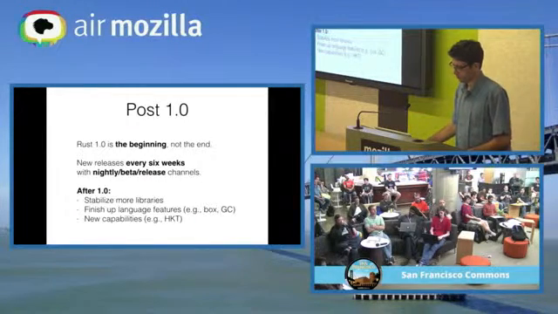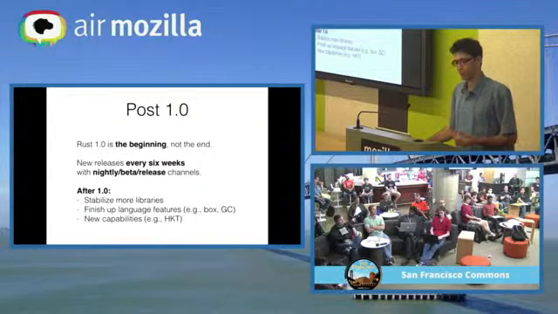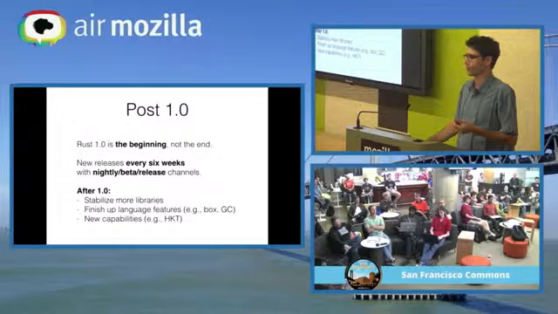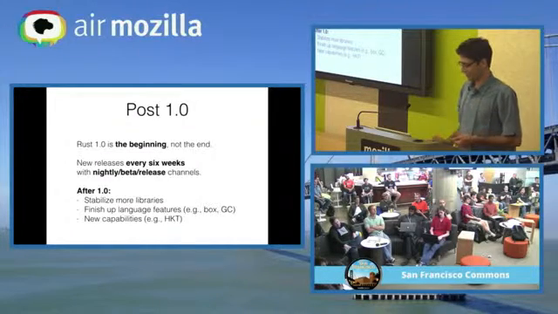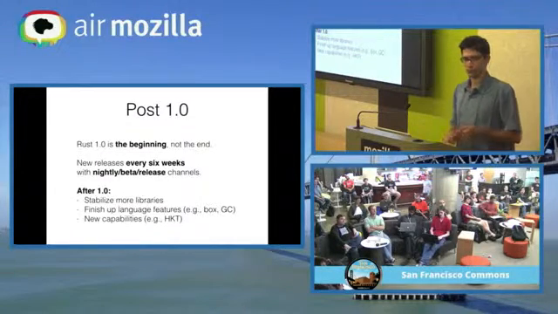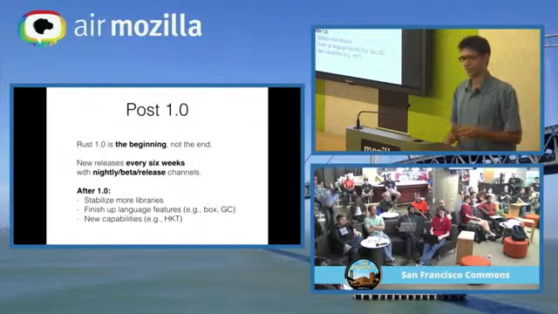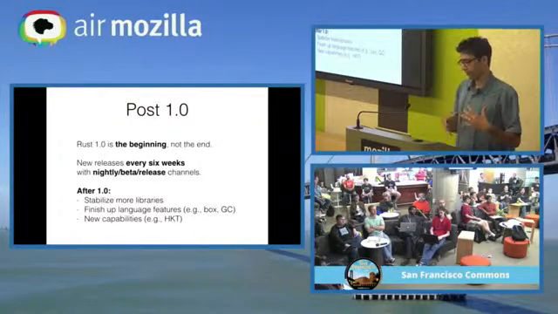So we're going to be releasing new releases on a train schedule. I think the plan is every 6 weeks. We'll see how it goes. Hopefully it works well with nightly and beta release channels, sort of like web browsers do these days, and some other projects. And we're going to work after 1.0.